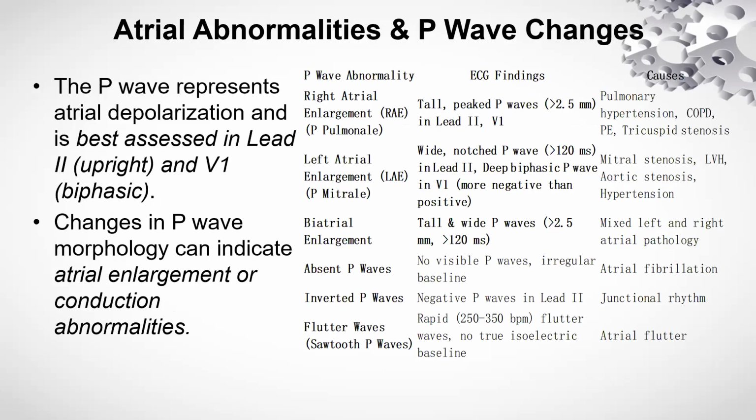This is just a table to show you what I've been talking about. Don't forget your P wave usually represents atrial depolarization and is best assessed in lead 2 or V1 if it's biphasic. Changes in your P wave morphology can indicate either atrial enlargement or conduction abnormality.